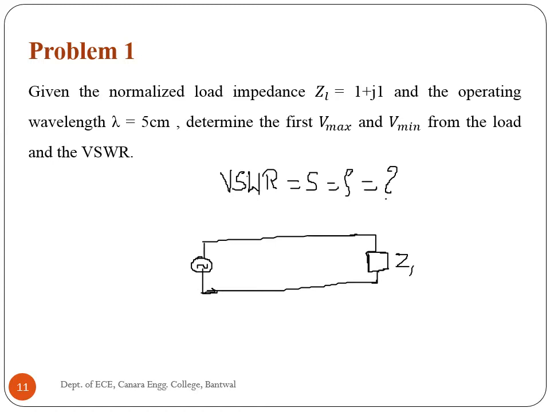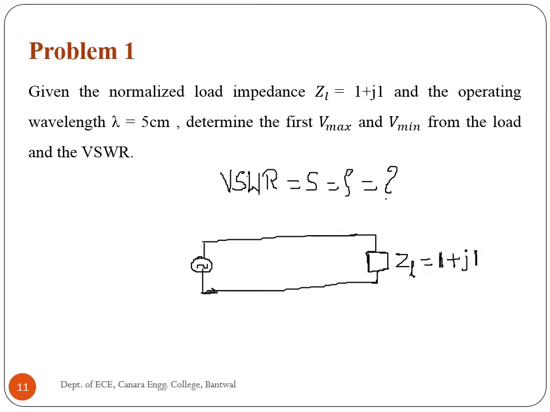The load impedance value is given, that is 1 plus j1. I can directly mark 1 plus j1 on the Smith chart since it's a normalized load impedance value.